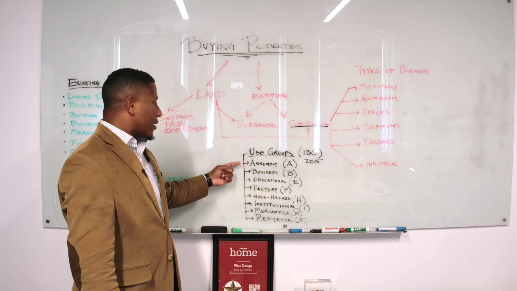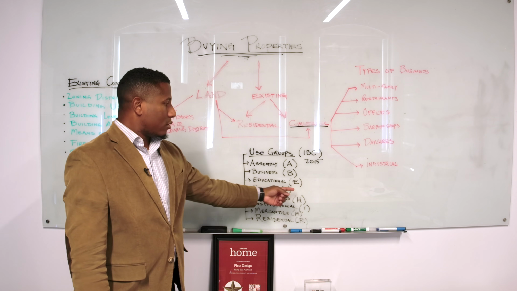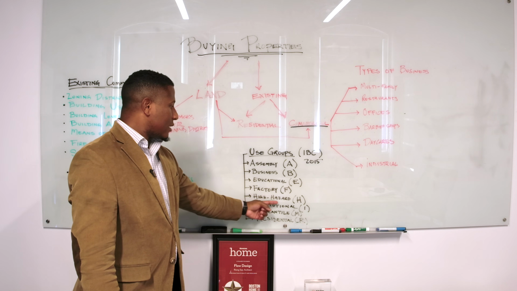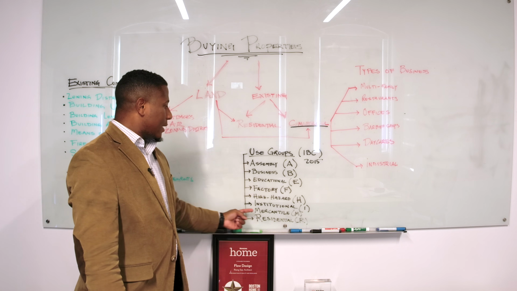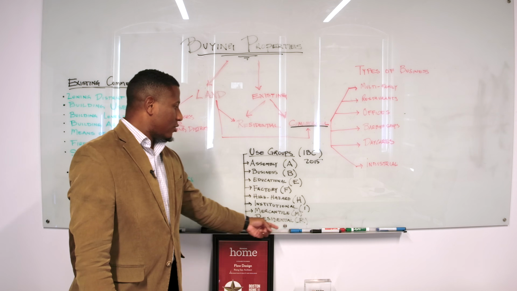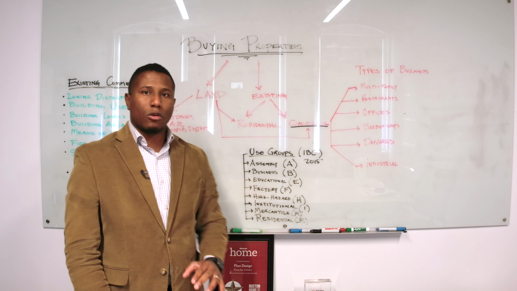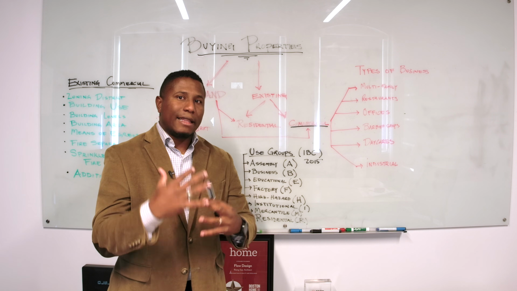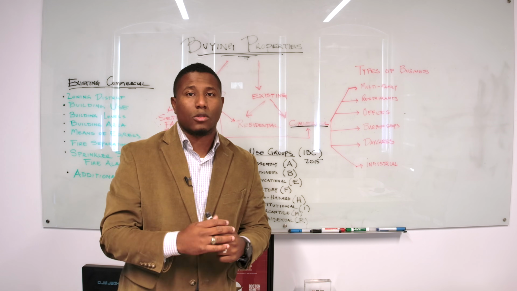These categories are assembly, group A; business, group B; educational, group E; factory, group F; high hazard, group H; institutional, group I; mercantile, group M, meaning retail spaces; and residential, group R. When you understand the subdivisions of these use groups by the International Building Code, you can understand the implications of these types of uses within that existing building that you're trying to renovate.